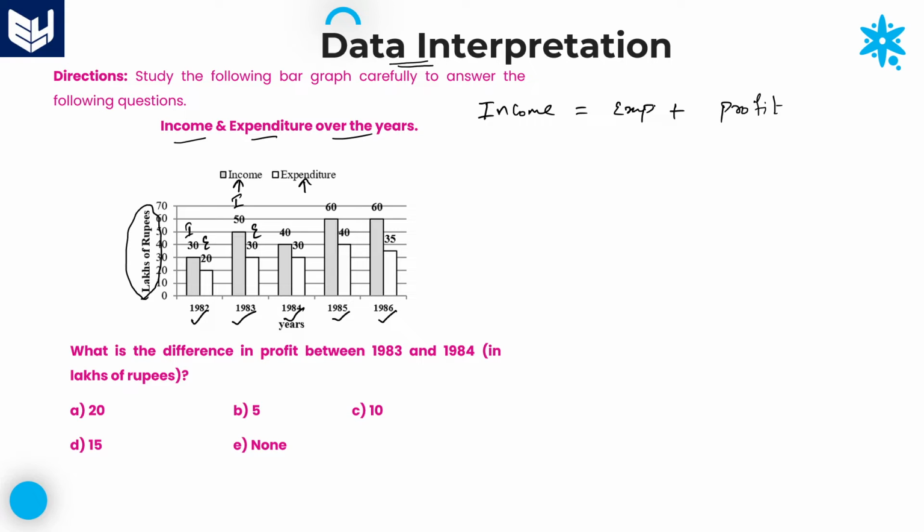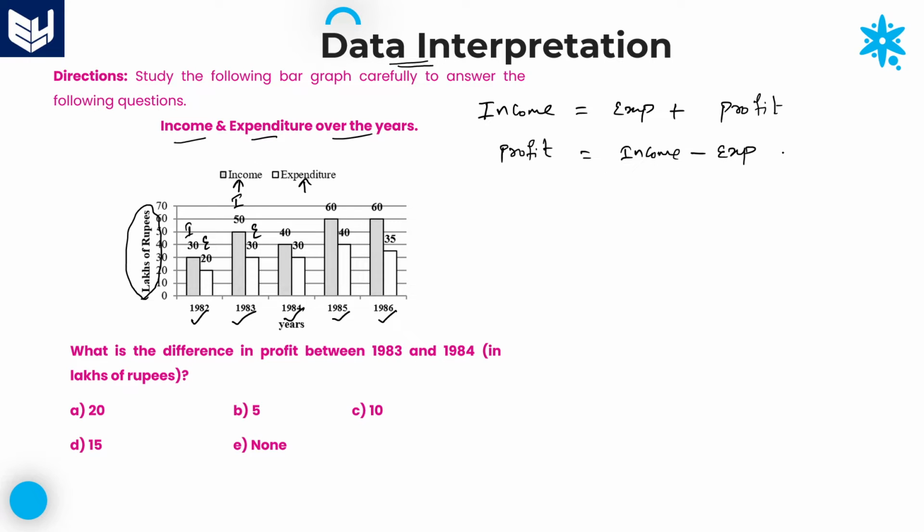Income is equal to expenditure plus profit, if you are getting a profit. So from this, we can write profit is equal to income minus expenditure. The expenditure goes to the left side and it becomes income minus expenditure.